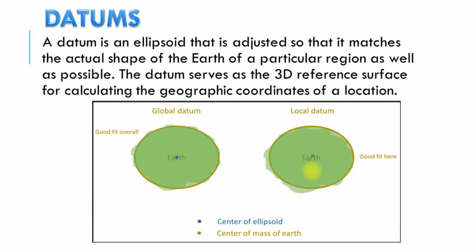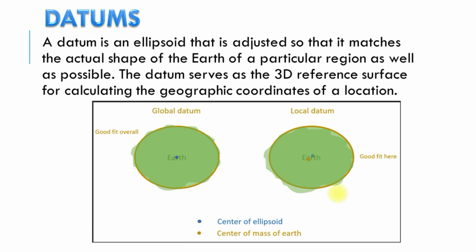It's flattened at the poles, as we see here on these images, and it has more the shape of an ellipsoid. But a more correct and accurate representation of the Earth would be a geoid, but a geoid is not a mathematical model.